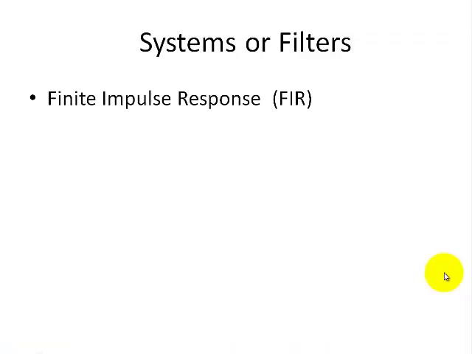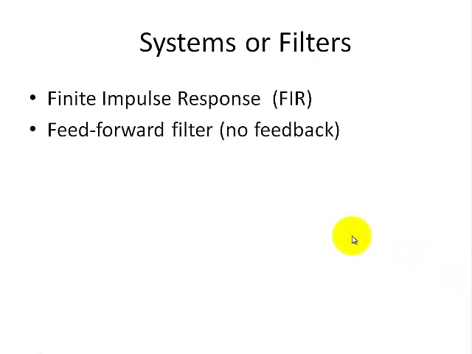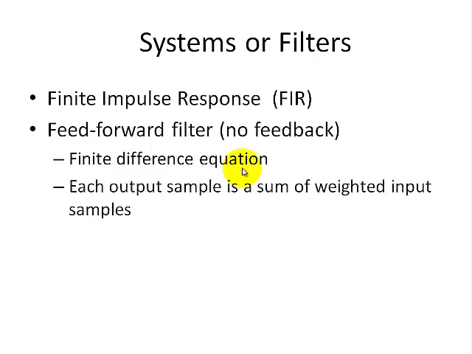Okay, the finite impulse response filter is basically a feed-forward filter. In other words, you take the inputs to the filter and feed them forward to generate an output. This is called the finite difference equation, which is in parallel with a differential equation found in continuous systems.